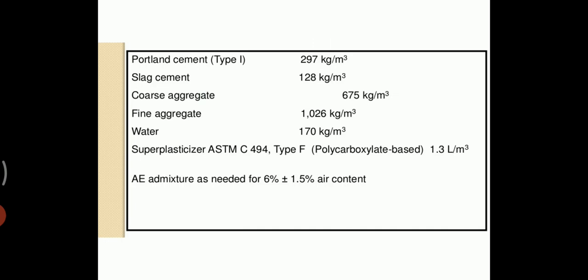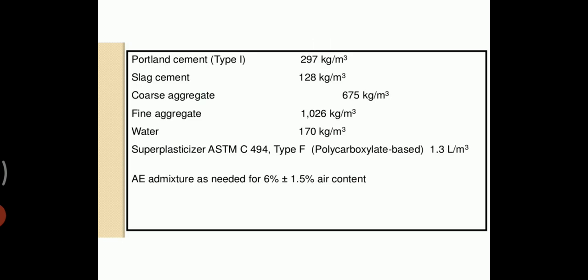There is one mix proportion given for preparing this self-compacting concrete. Portland cement type 1 is about 297 kg per meter cube. Then mineral admixtures such as fly ash, silica fume, slag can be added, with content about 128 kg per meter cube.